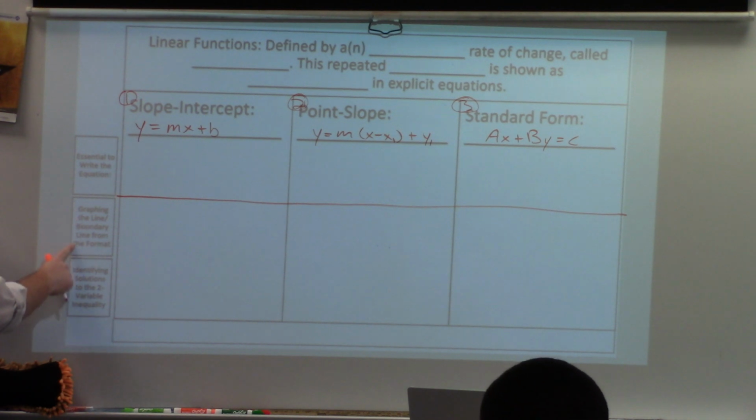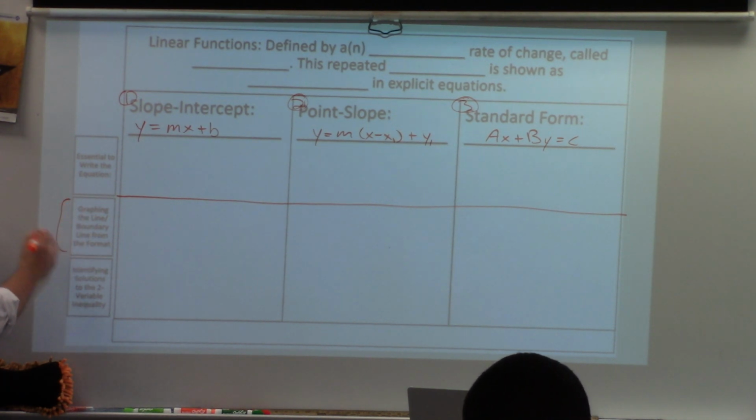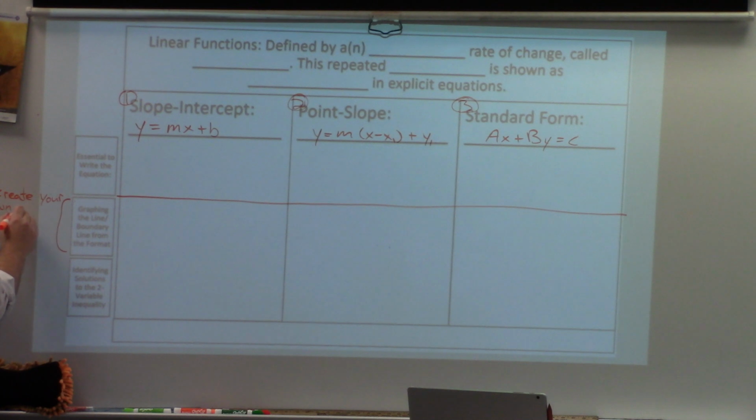Here, when it comes to graphing the line or the boundary line from the format, create your own equation or inequality and then graph it.